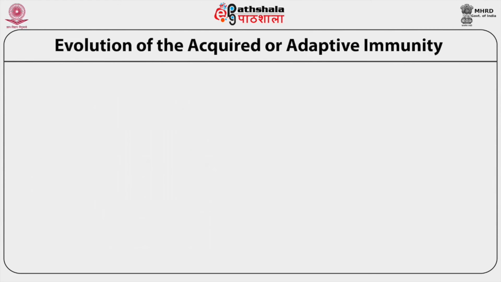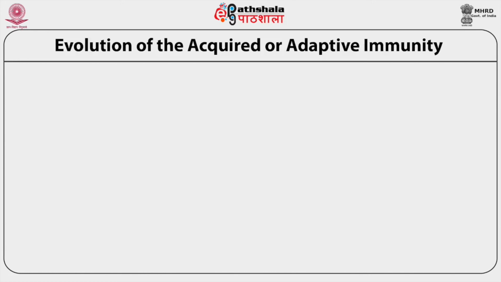How did the acquired or adaptive immunity evolve? Adaptive immunity, as we know now, has two arms. One is the antibody mediated humoral response, and the second is the cell mediated immunity, which basically involves action by the two kinds of lymphocytes, the B lymphocytes and the T lymphocytes.